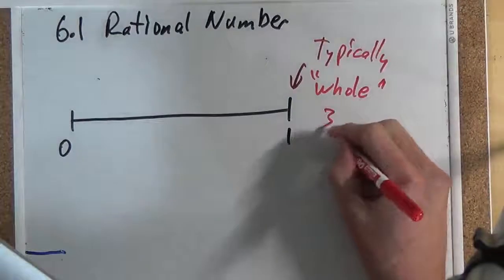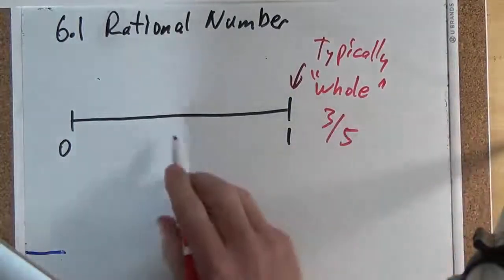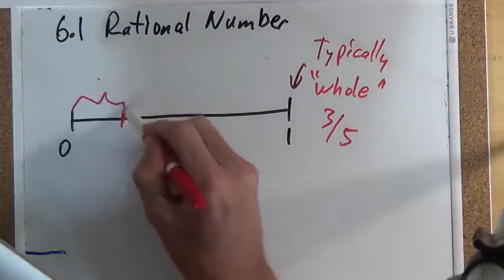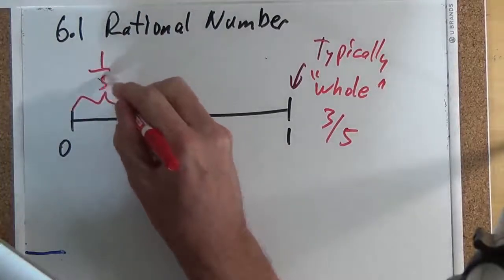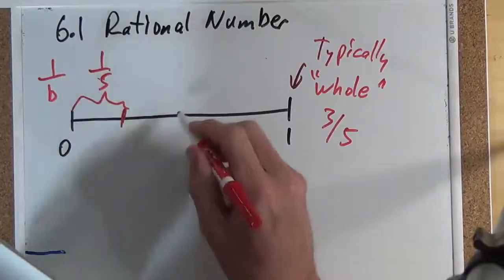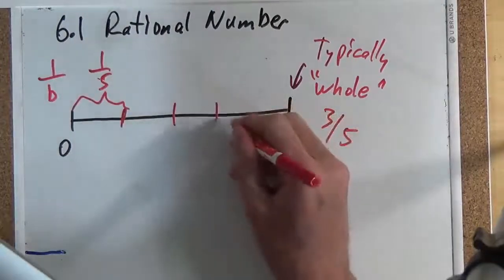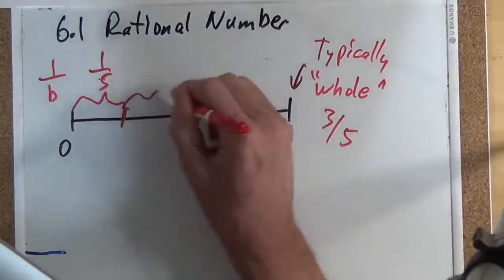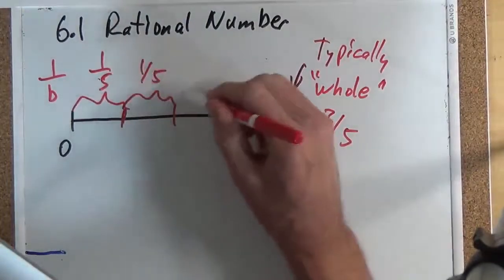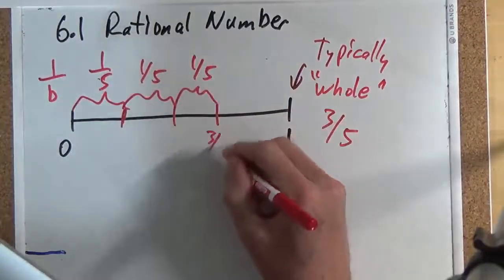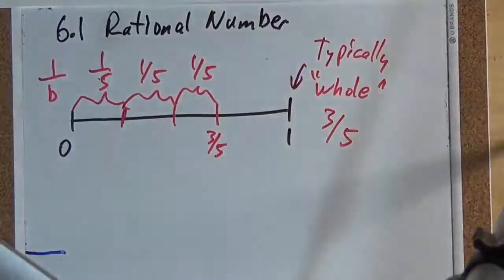So I'm going back to 3/5. What we can do on a number line is go over 1/5, which is that 1 over the b, the denominator, the 5 equal pieces, and add 3 of these to give me the 3/5 part of my fraction, with 1 being the whole.